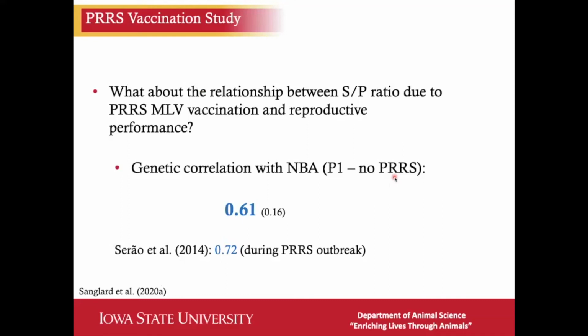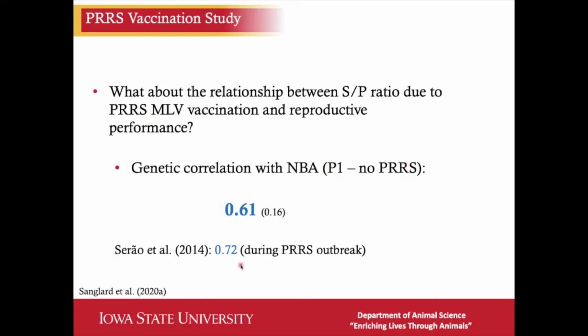The first study that I showed you, we looked at the relationship between aspirate ratio and number born alive during an outbreak. Now we're looking at the relationship between PRRS MLV aspirate ratio and reproductive performance without PRRS. But nonetheless, we also get this very nice high correlation of 0.61. Okay, and just to compare, before we got 0.72.